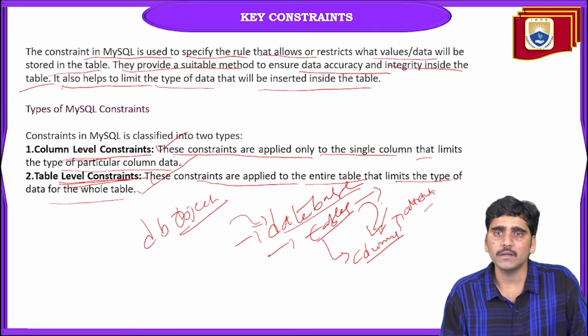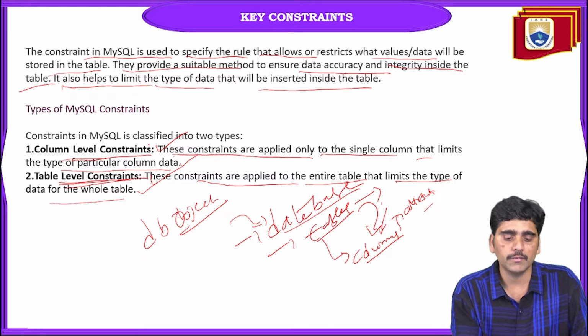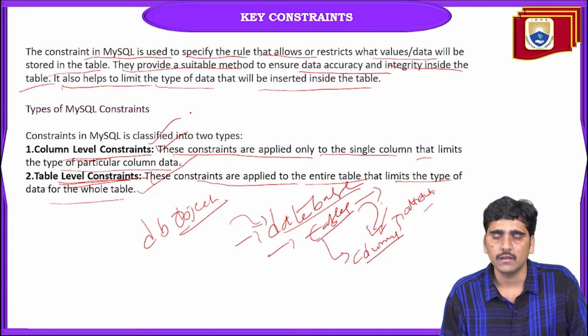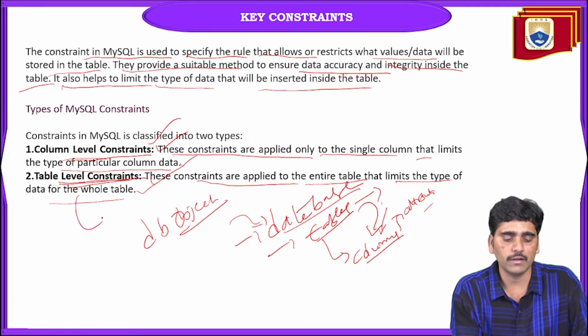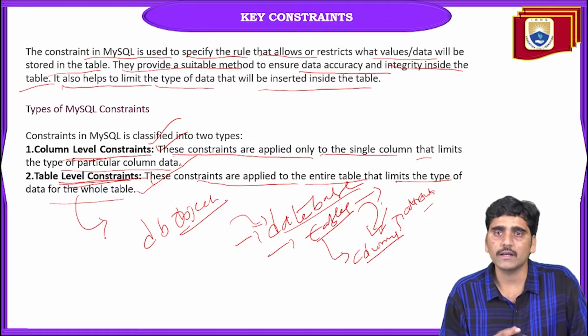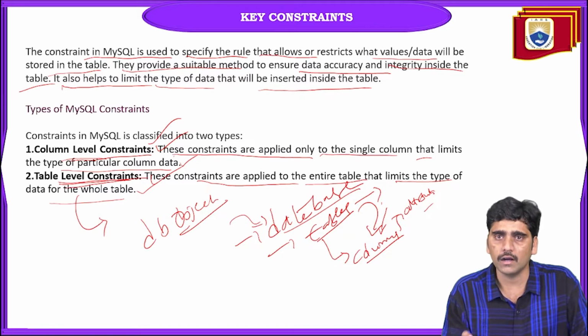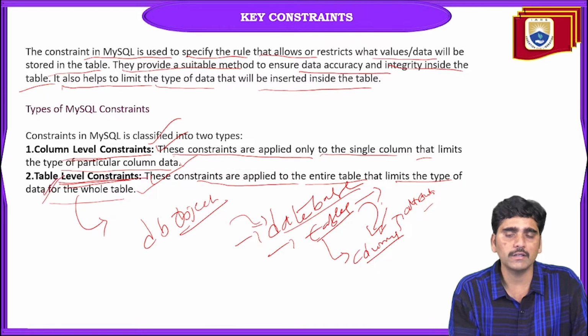Only one column applied with a constraint is a column level constraint. All the columns applied with constraints is called a table level constraint. That means indirectly we can apply the constraints to all the columns, and all the columns means, indirectly, the table.